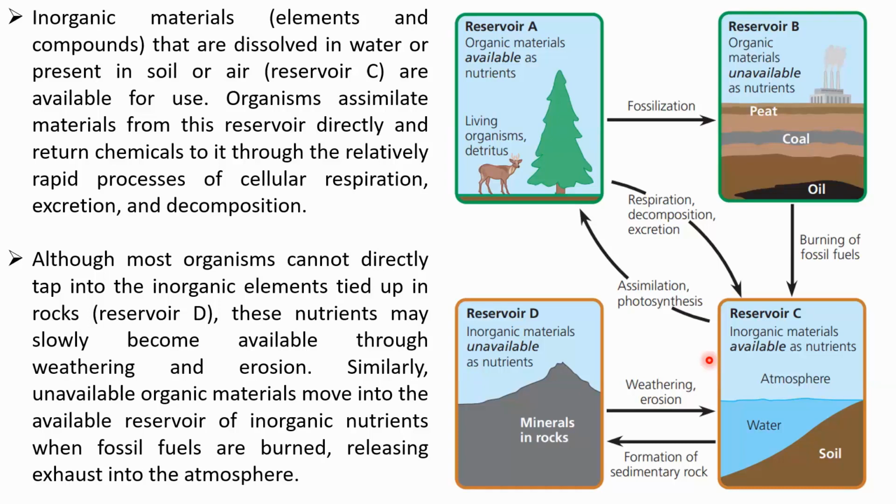Burning of these fossils releases nutrients into reservoir C, making them available for living organisms. While reservoir D is a reservoir of inorganic materials that are not directly available for the organisms, but will become available when the process of weathering or erosion happens. Weathering or erosion makes these inorganic nutrients available to different organisms, which can take them up and assimilate them.